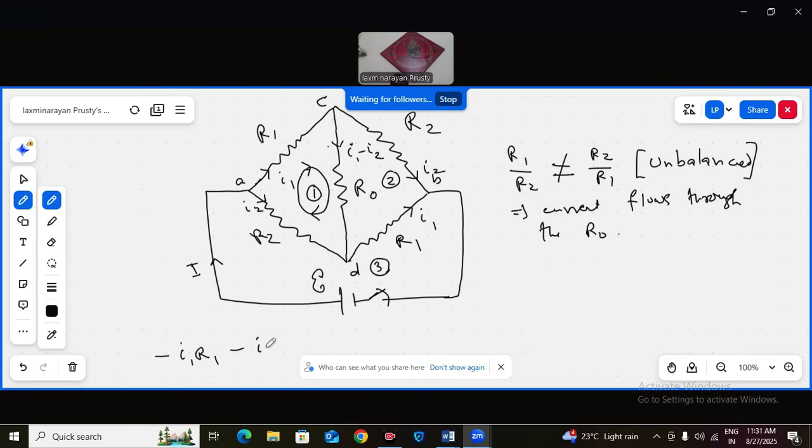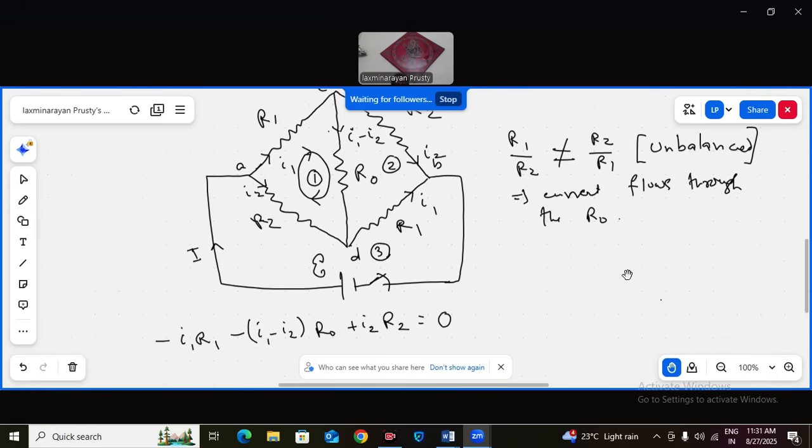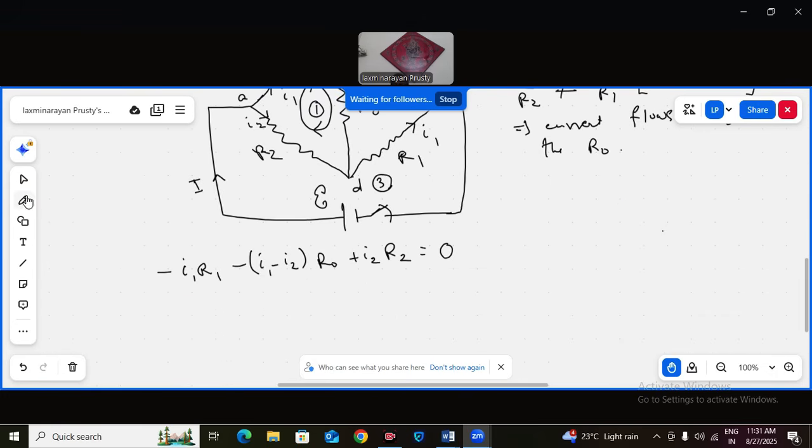Again minus (I1 minus I2) R0. But here I see a rise of potential, plus I2 into R2, and the whole closed loop overall is 0. Okay. Then I rewrite it in a convenient manner.